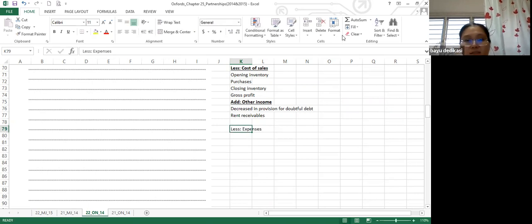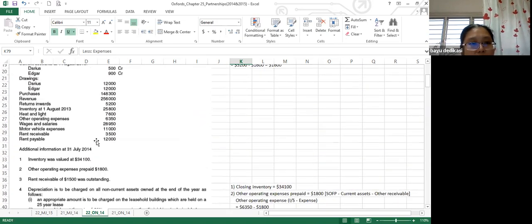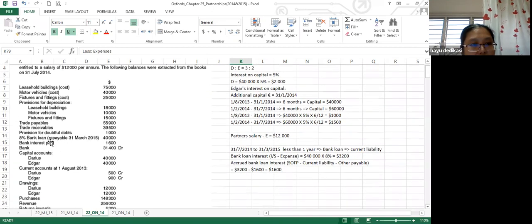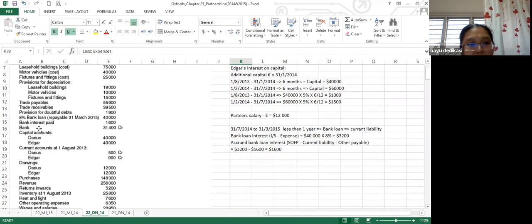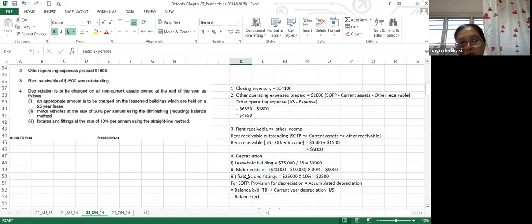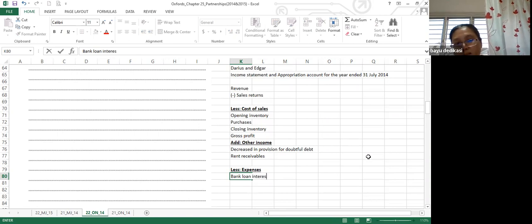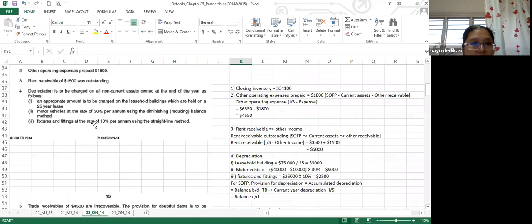So your expenses, you have bank loan interest.